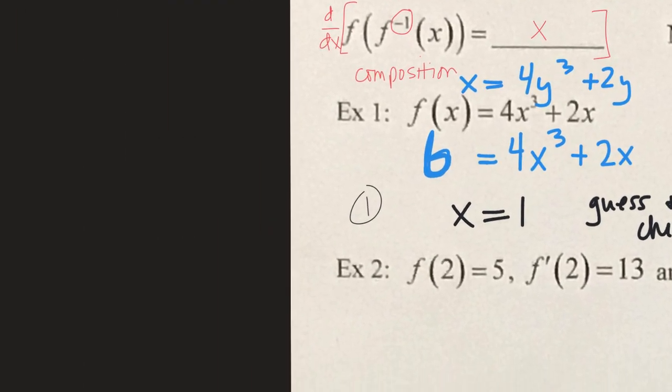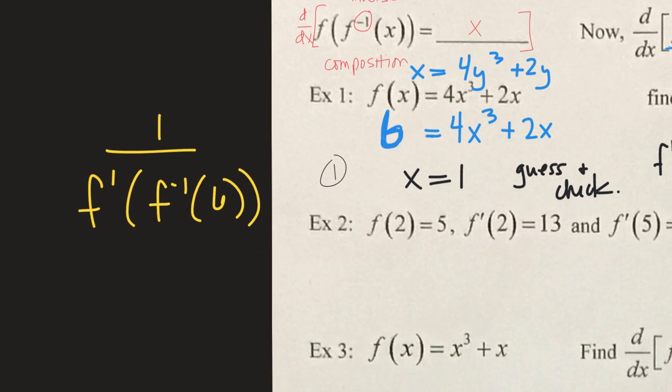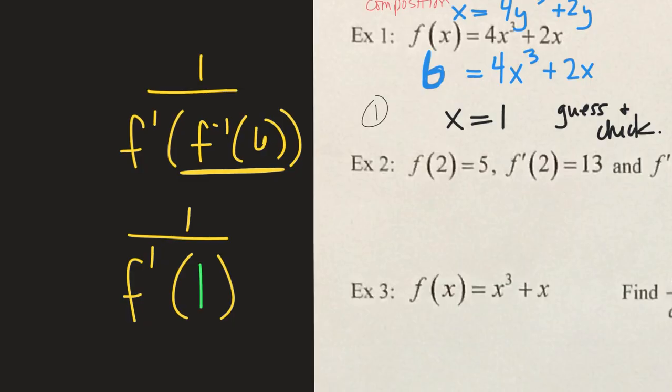We are using our equation 1 over f prime of f inverse of 6. We just decided that f inverse of 6 was the number 1, right? So now we're going to find f prime at 1.